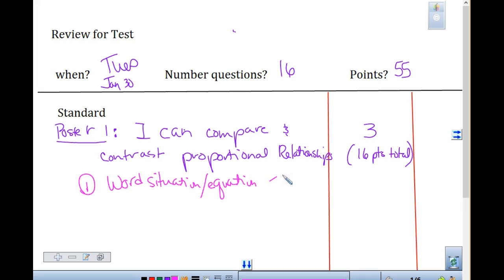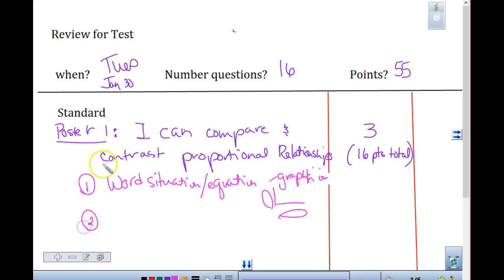What does the graph mean? Or graph it on the same axis. So you might be asked to graph a situation, and graph an equation on the same coordinate plane. I'll say label your axes and graph the word situation and the equation. Okay, that's going to be one type of problem.